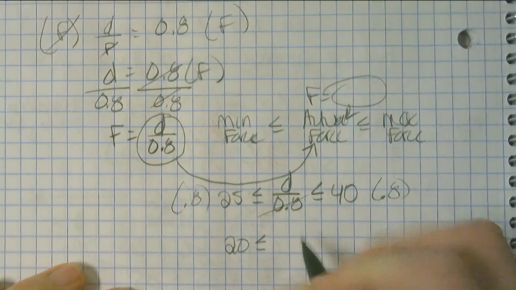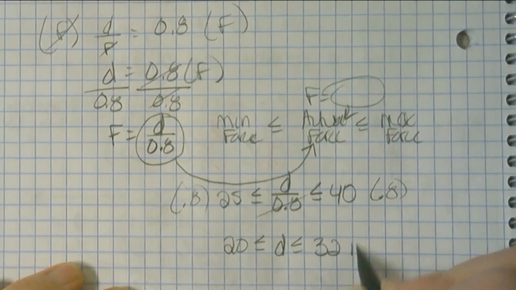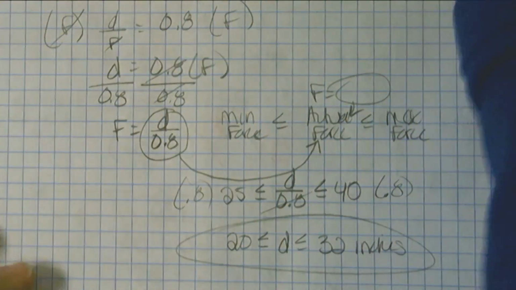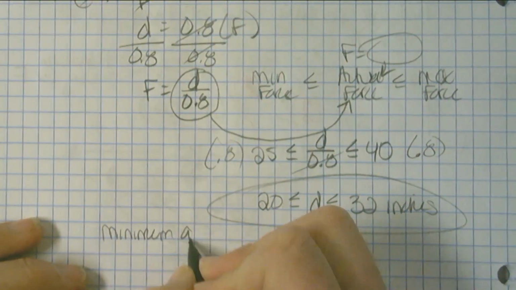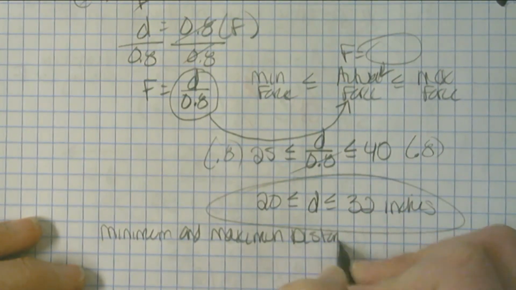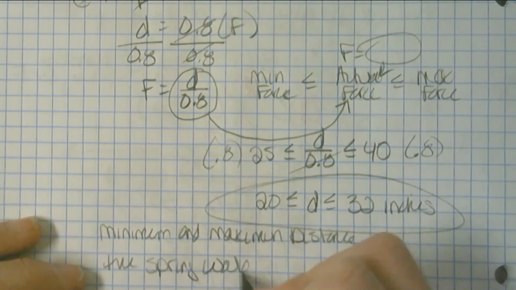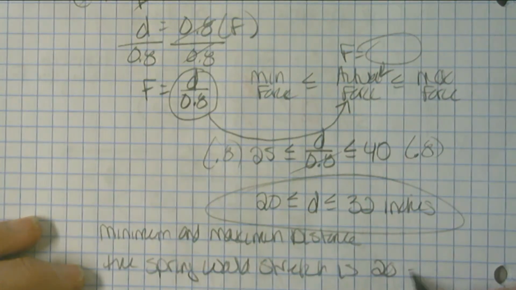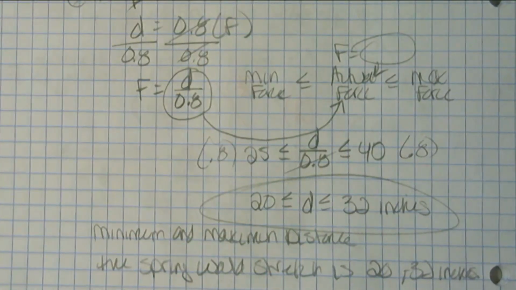I believe I get 20 is less than or equal to D, which is less than or equal to 32, I think. And this would be inches. And I would write that as a sentence. I would write something like, the minimum and maximum distance the spring would stretch is 20 and 32 inches, or something like that.